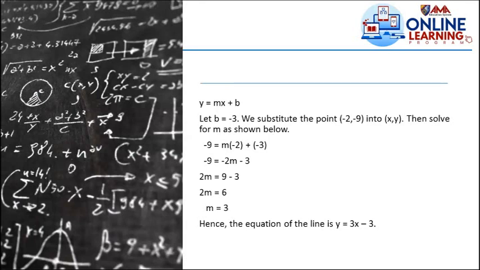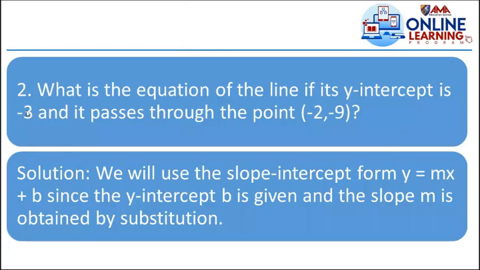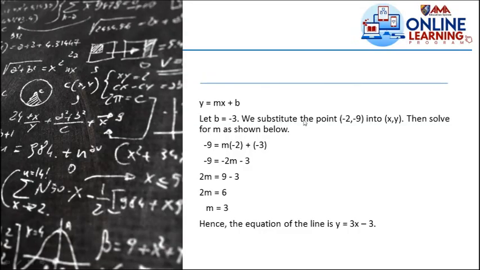Y is equal to mx plus b. So let b, your y-intercept, be equal to negative 3. Then we substitute the point (-2, -9) into x and y. So this is your x and this is your y coordinate. Then solve for m as shown below.